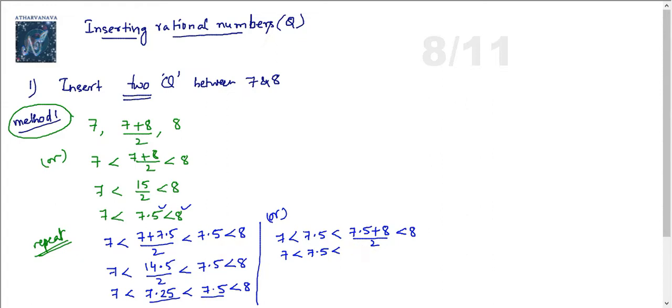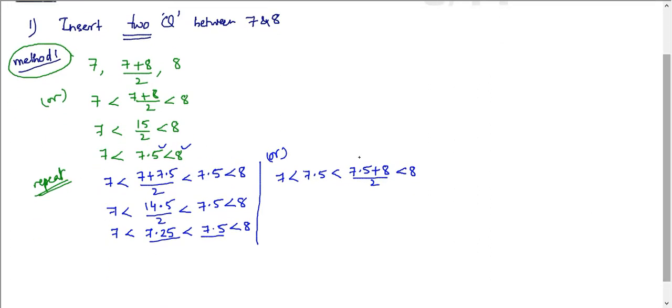I'll write it down. So I can write 7 less than 7.5 less than 15.5 divided by 2 less than 8. 2 sevens are 14, 1 left 15, 7s are 14, again 5, less than 8.